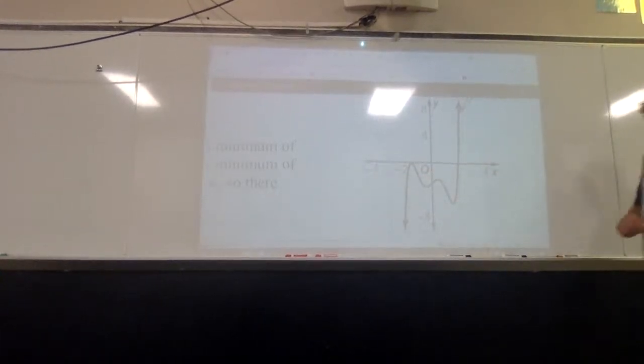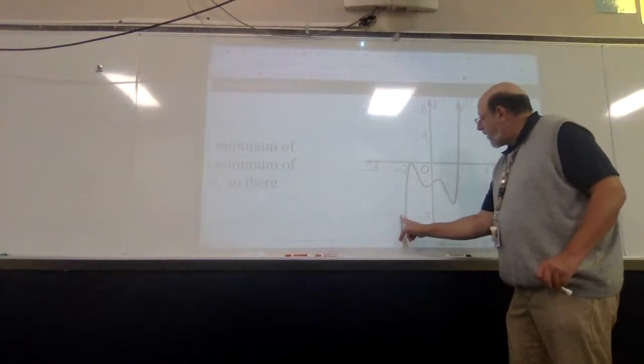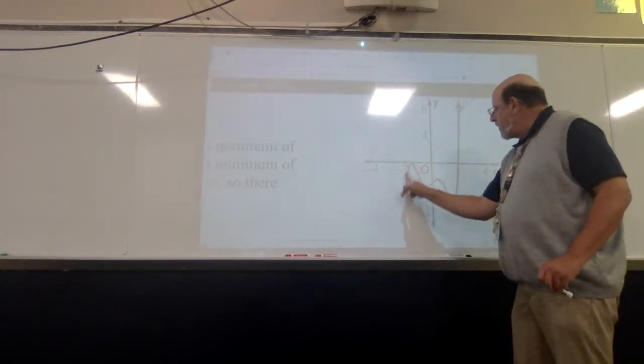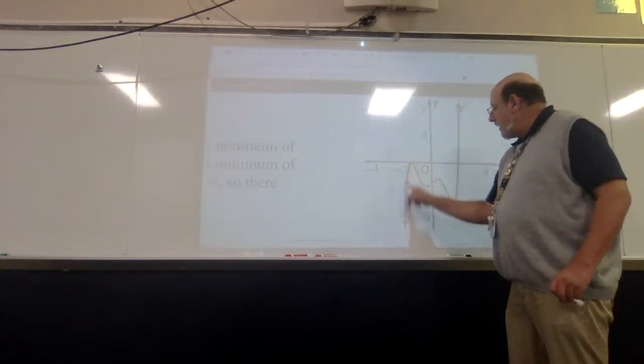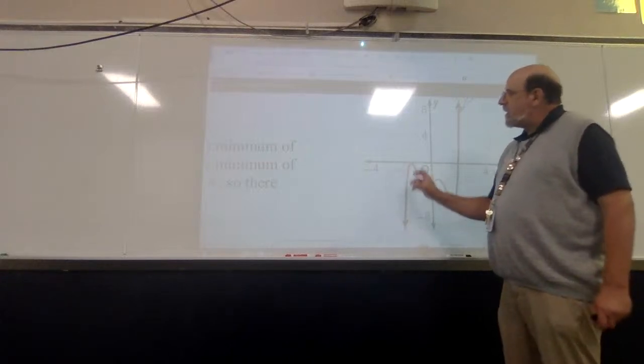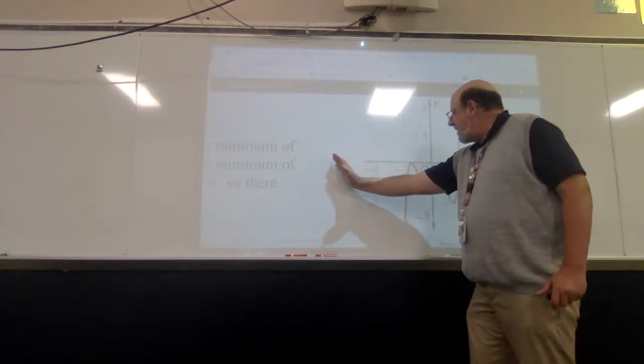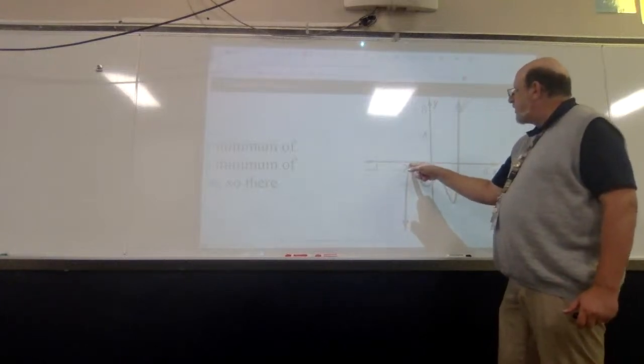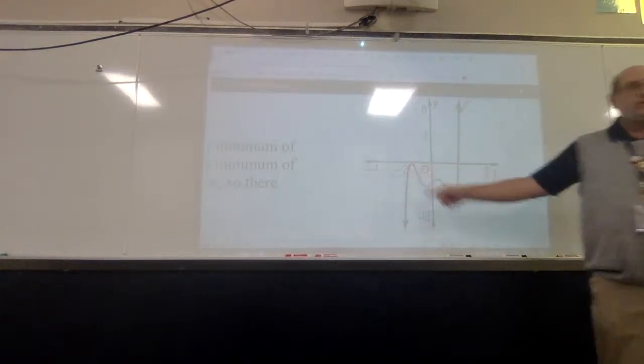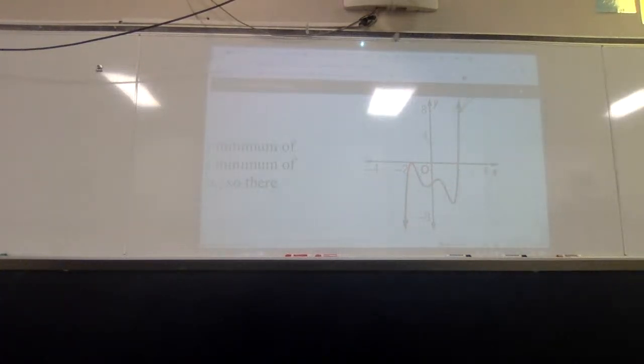Okay? So here, if we're following along the graph, what are we doing? We are increasing, right? So we'd say that this graph is increasing from negative infinity all the way over here to negative 1, basically.